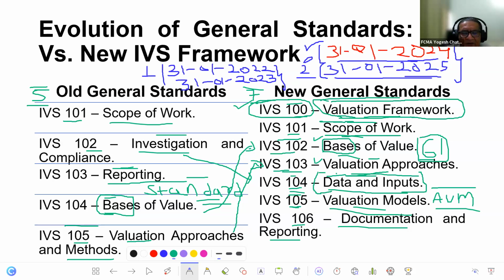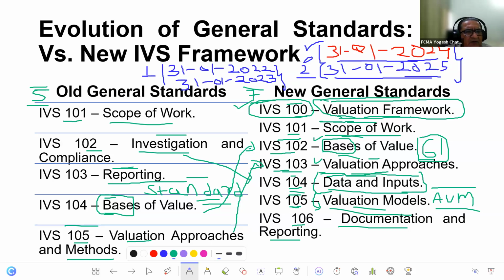And once we have collected the required data and input, we need to determine exactly which valuation model we will make use of, whether that is an automated valuation model or a manual valuation model. And based on that, we will arrive at the estimate of value.